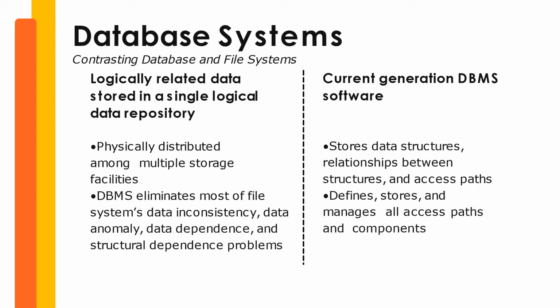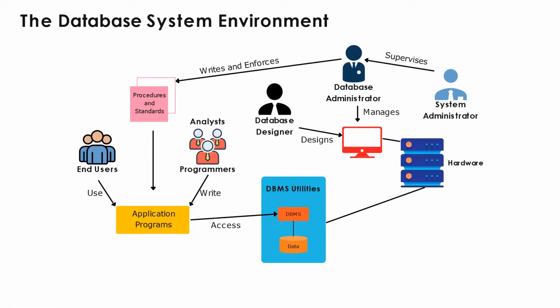Now, current generation DBMS software also stores data structures, the relationships between structures and access paths, and defines, stores, and manages all access paths and components. In this diagram, we can see a typical database system environment. We may have a system administrator that supervises our database administrator. The database administrator is the one managing everything when it comes to our database.